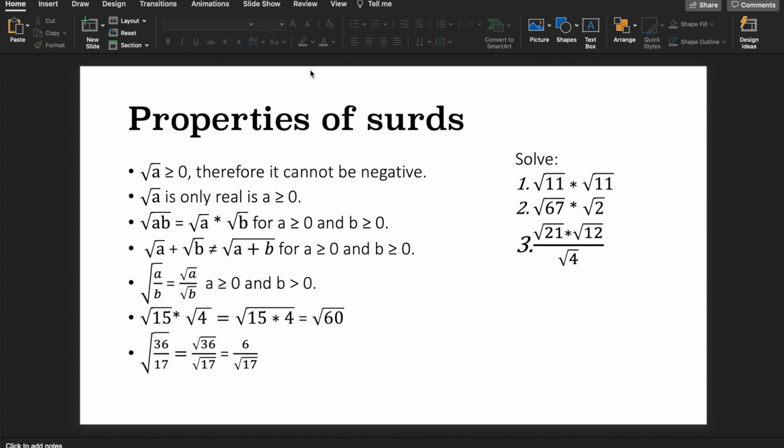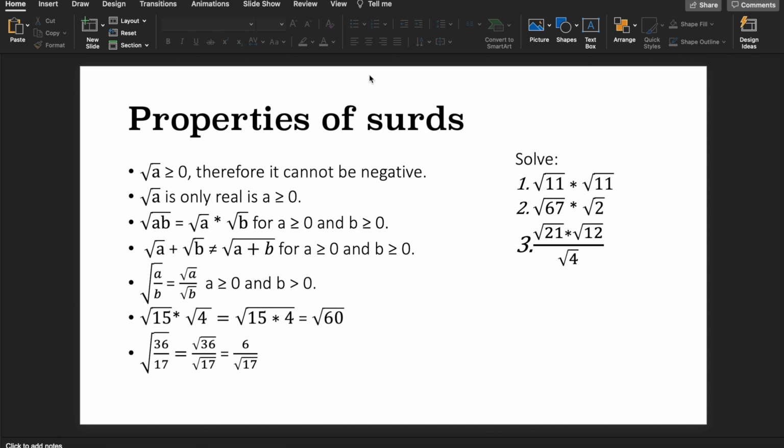Now let's do some properties of surds. Square root of a is greater than or equal to 0, and hence it cannot be negative. As we clearly know, square root of something has to be positive. Square root of a is only real if a is greater than or equal to 0. If it's a negative number, it would be an imaginary number.